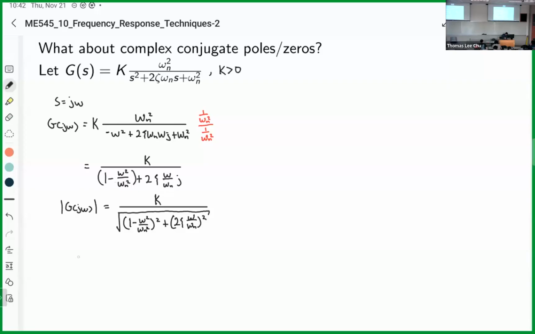And the phase of G of j omega is going to be this.